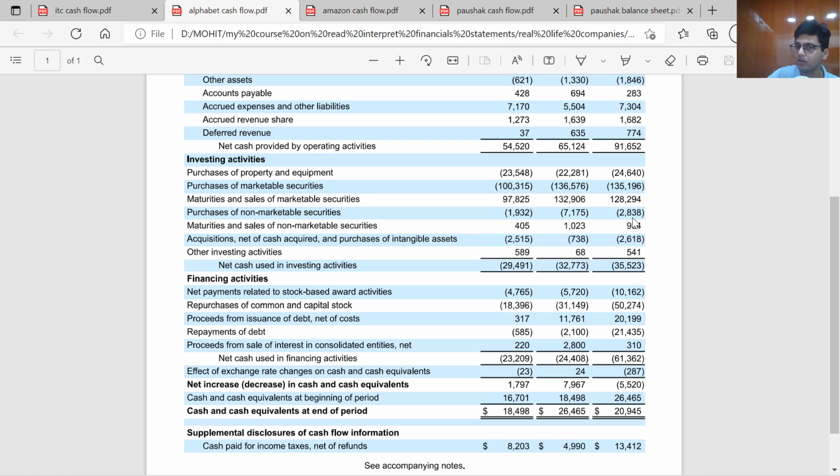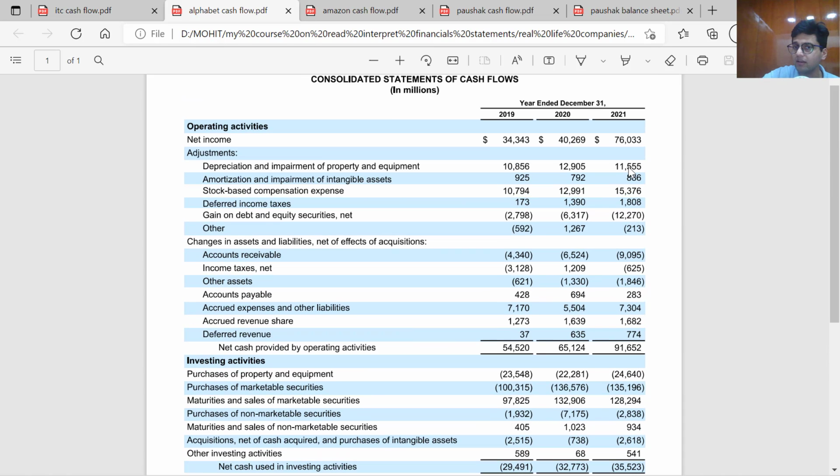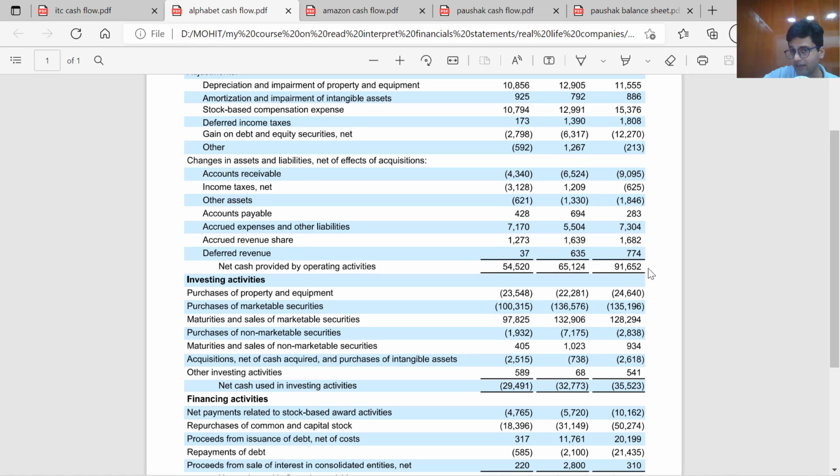Companies are valued not based on their profits. So if I want to value Google, or if I want to value my own business, I will not just look at the net income. What I will actually do is look at the operating activities, that is $91 billion. Out of these operating activities, I will reduce the capital expenditure made during the year of $24 billion and $2.8 billion.